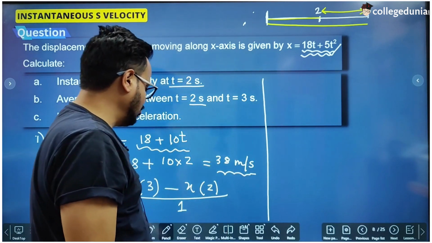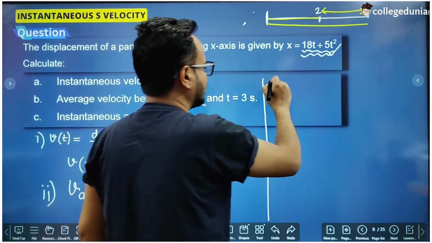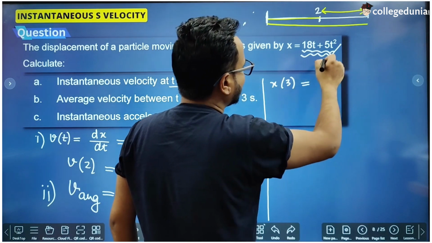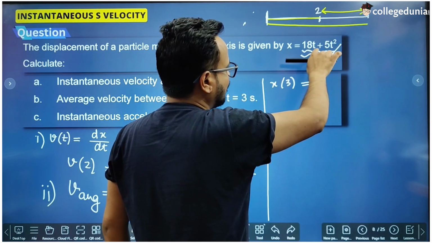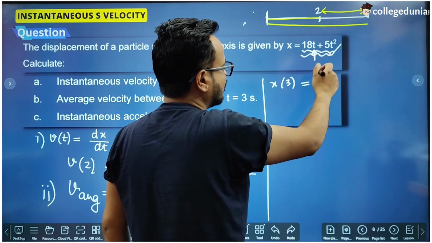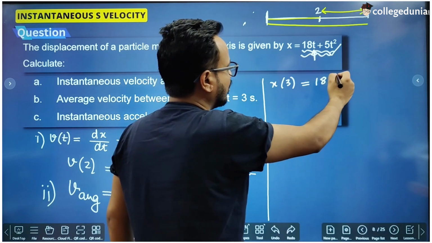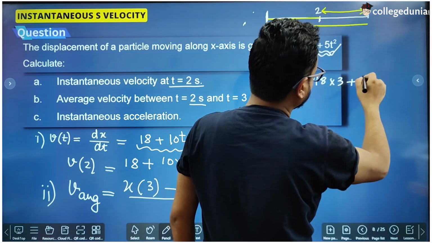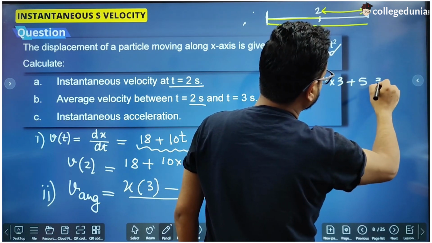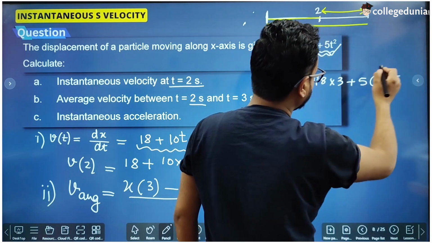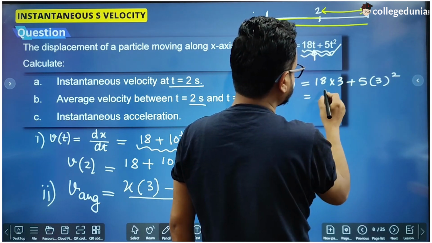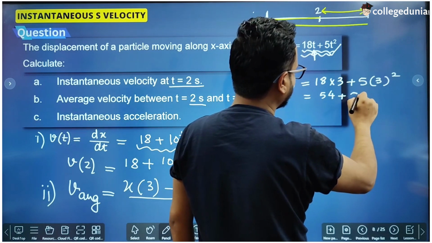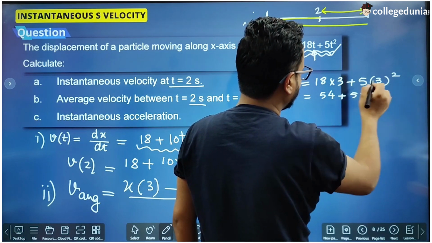Now let's first find x3. So what is x3? x3 is when we put t equal to 3 in this equation, which is 18 into 3 plus 5 into 3 square, which is 18 into 3, 54, plus 5 into 9.